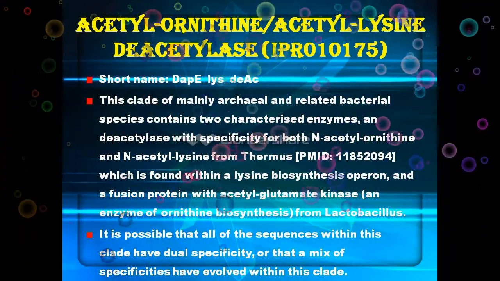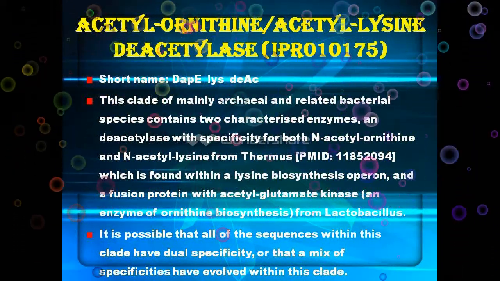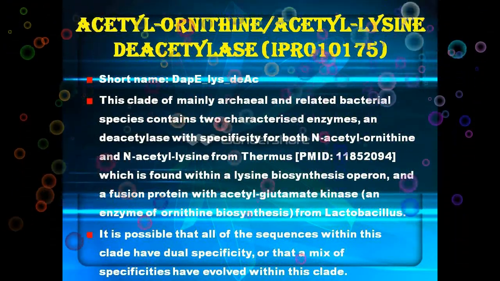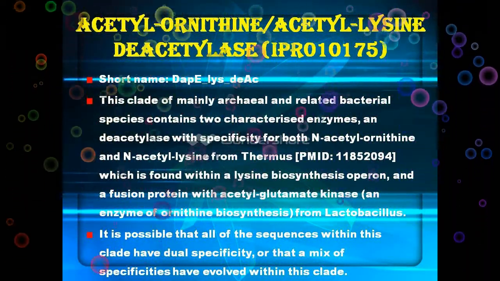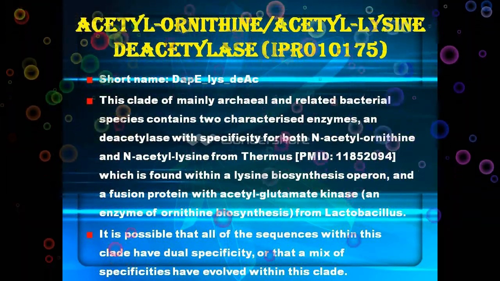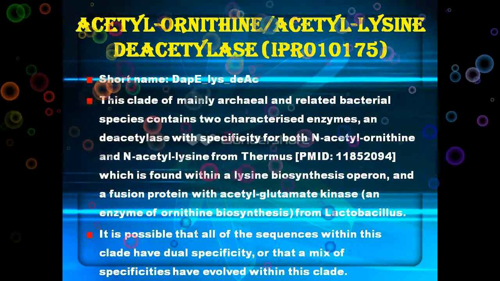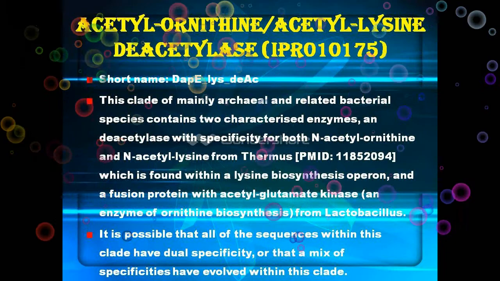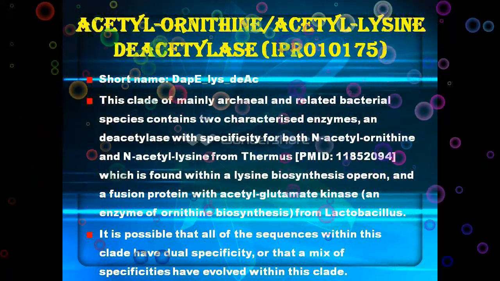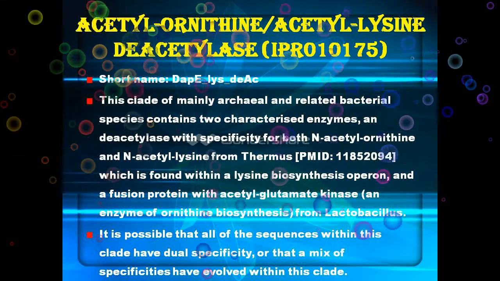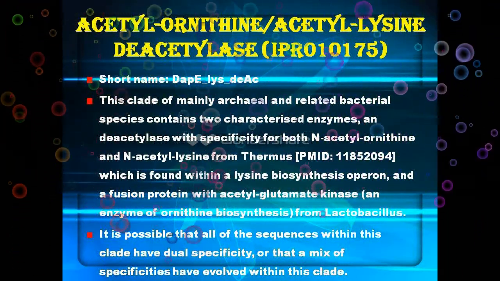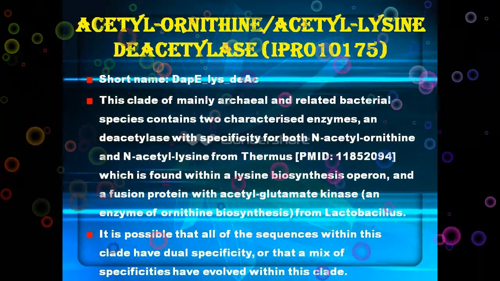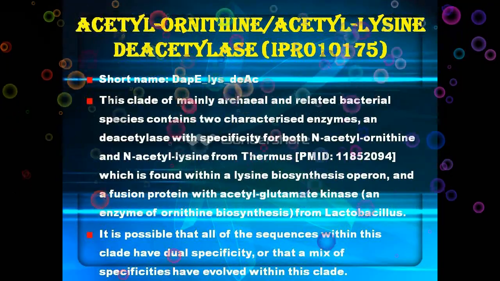This clade of mainly archaeal and related bacterial species contains 2 characterized enzymes, an acetylase which is specific for both N-acetylornithine and N-acetyllysine from Thermus, which is found within lysine biosynthesis, and a fusion protein with acetylglutamate kinase from Lactobacillus. It is possible that all of the sequences within this clade have dual specificity, or that a mix of specificities have evolved with this clade.